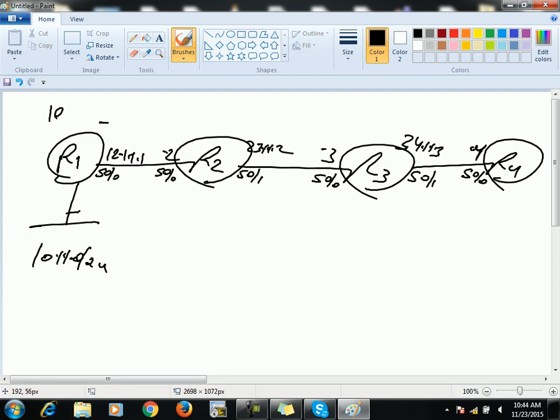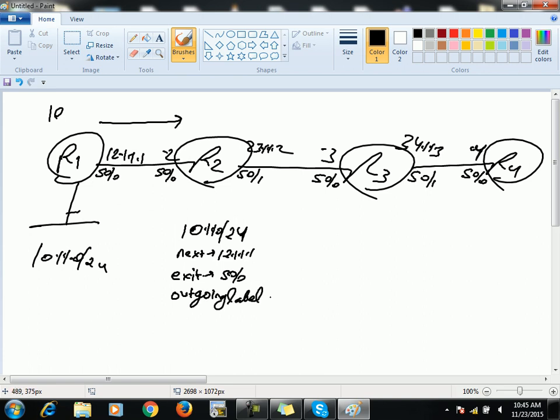So it will give this update to R2, that if you want to reach 10.1.1.0/24, then your next hop is going to be 12.1.1.1, exit interface is going to be S0/0, and because R2 received this prefix from R1 with the label 10, the outgoing label is going to be 10.